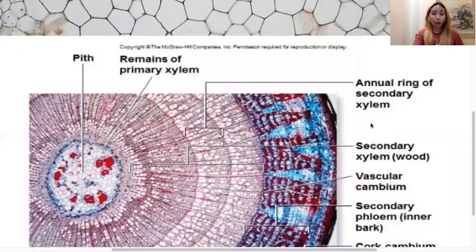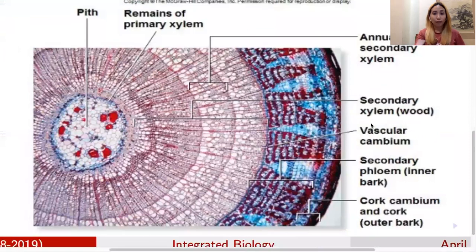So here, we now have the vascular cambium, and you will notice that you can no longer see vascular bundles. There are no more bundles. Everything is in a ring form. Okay? So this area, that very delineation of cells over here, is your vascular cambium.